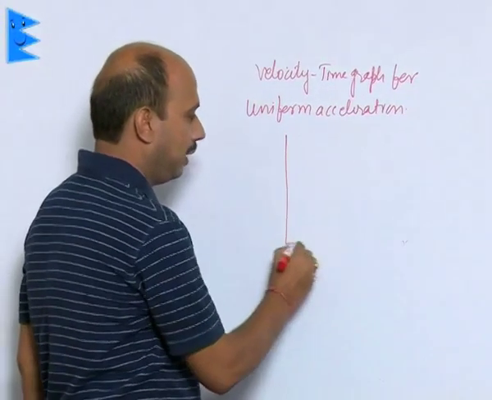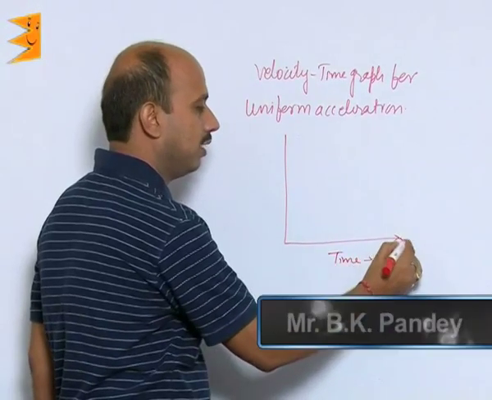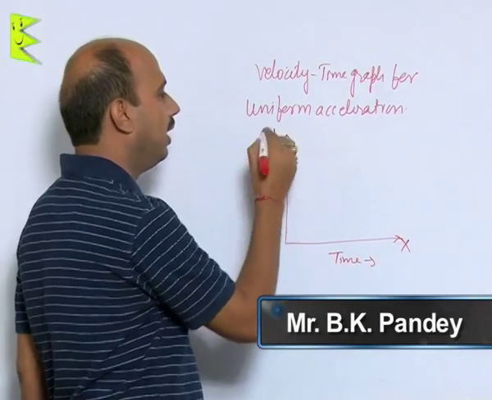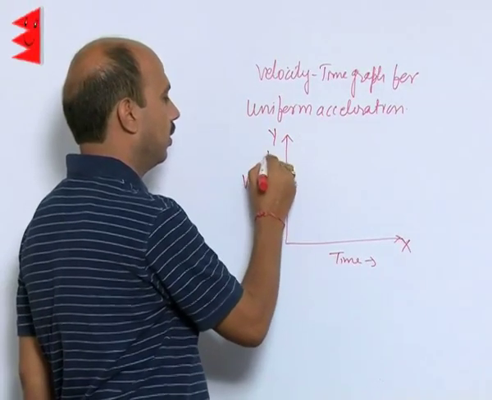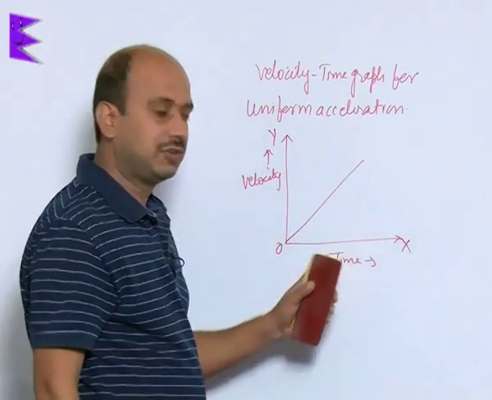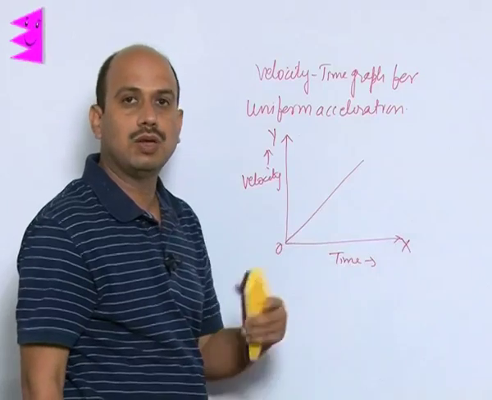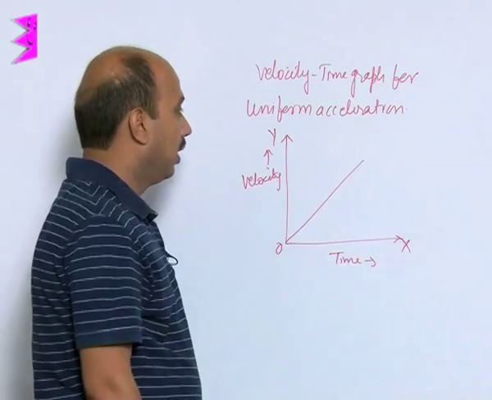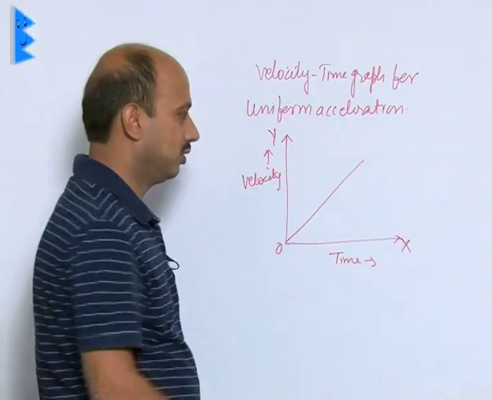Here I have taken in this axis time, this is x axis, this is y axis, we take here velocity. Now graph is like this. This graph is a straight line, shows that there is an equal change in velocity in equal intervals of time. Now from this velocity time graph we can calculate acceleration.